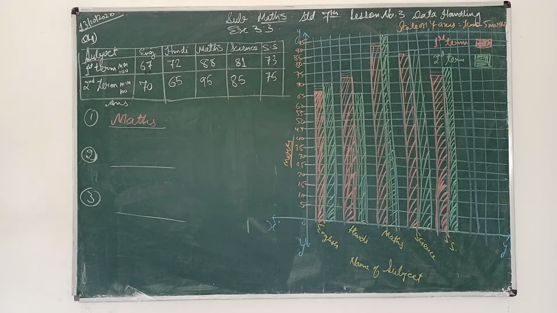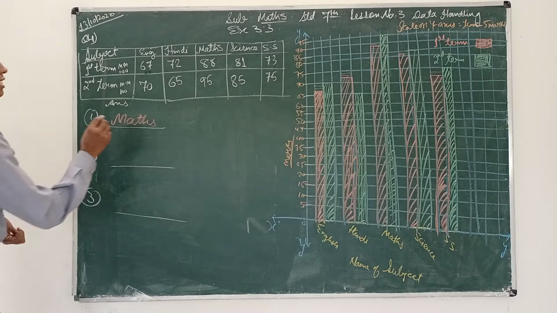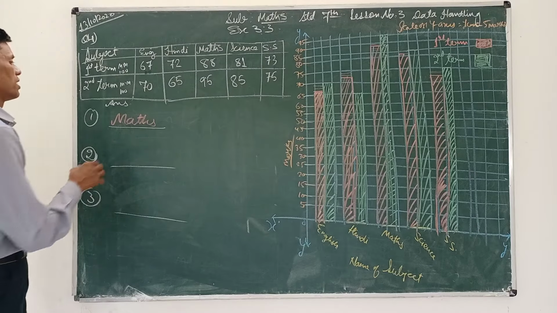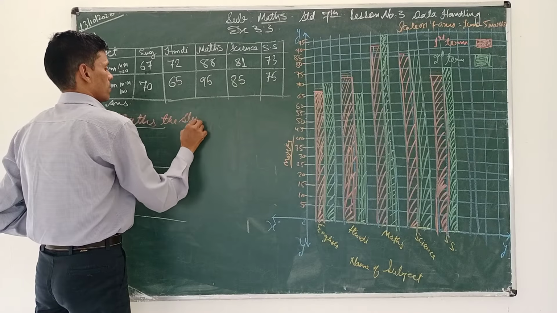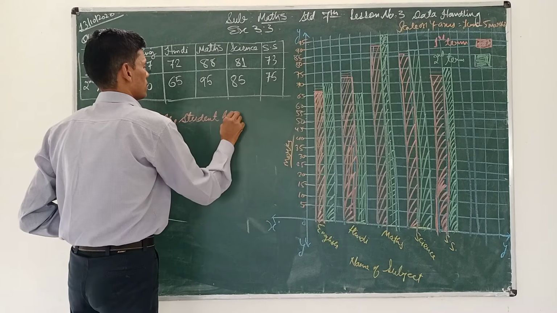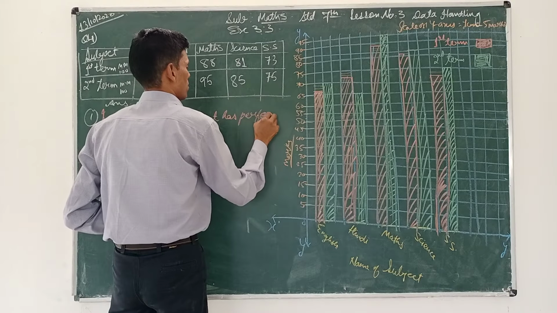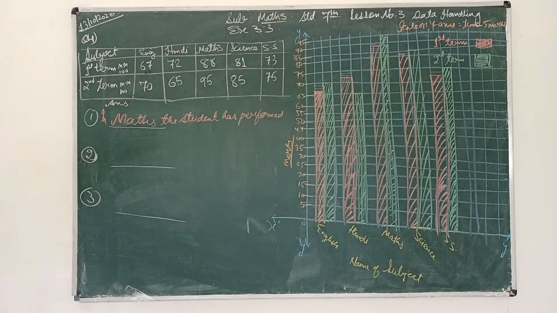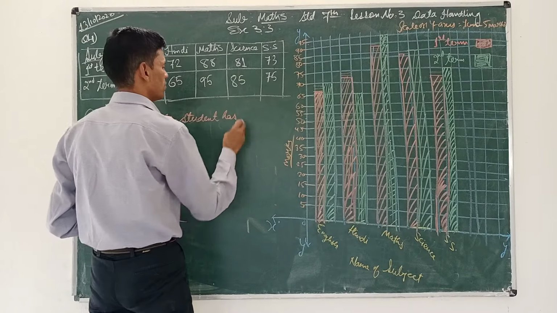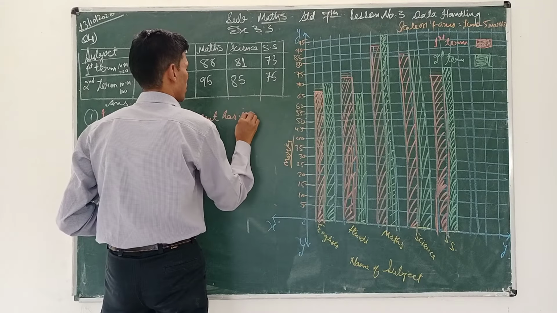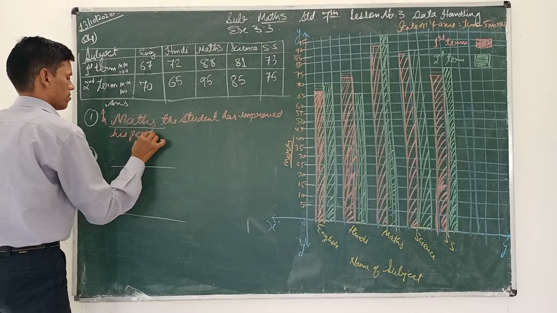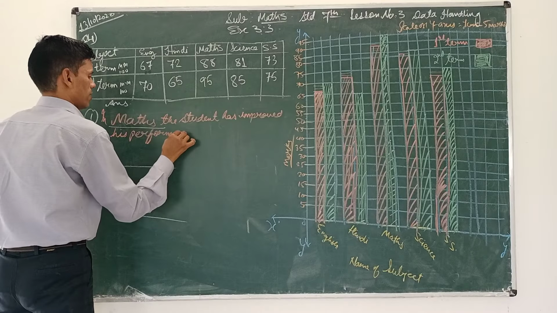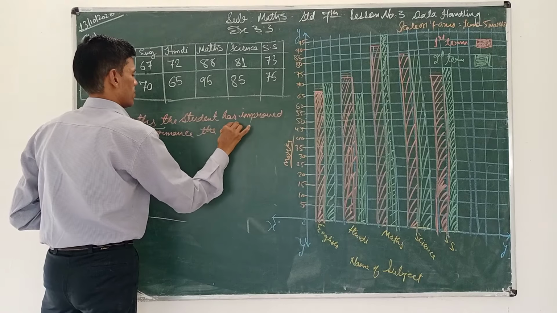In which subject he has improved the most? So in maths the student has performed the most. In maths you have to write: student has improved his performance the most.